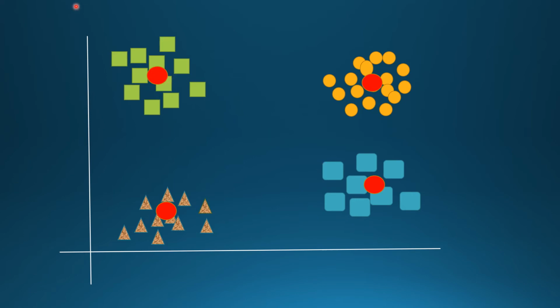After measuring the distance from each and every point, the centroid will try to adjust itself to the center of the cluster. As long as it has not reached the center of the cluster, it will go on readjusting itself.